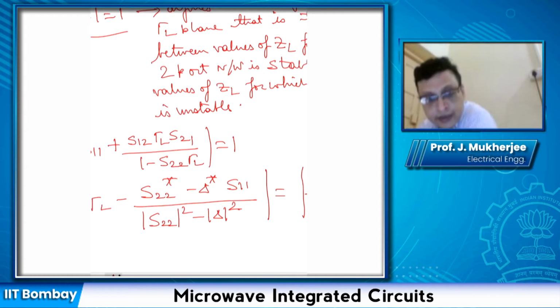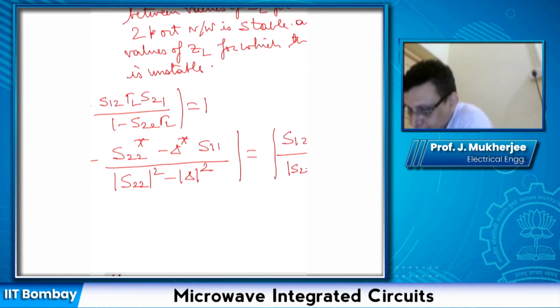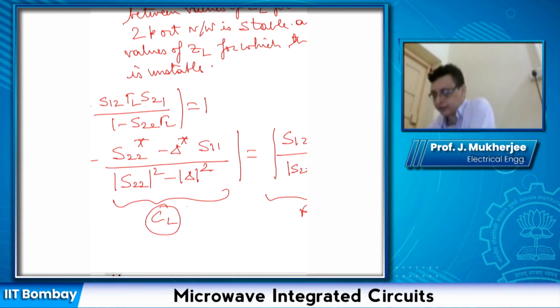Okay, and this is the equation of a circle. So this quantity we took as CL, which is a vector. It has both amplitude and phase. But this RL, which is given by this value, is a scalar. Okay then. So we have established the equation of a circle.